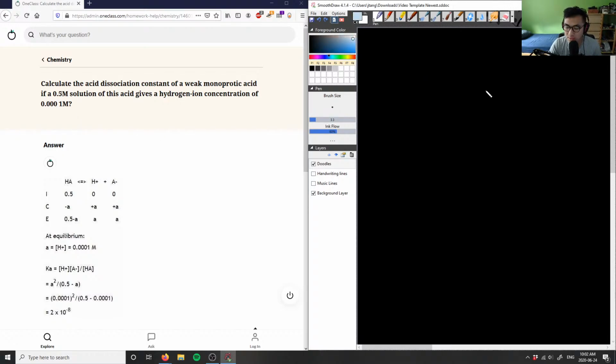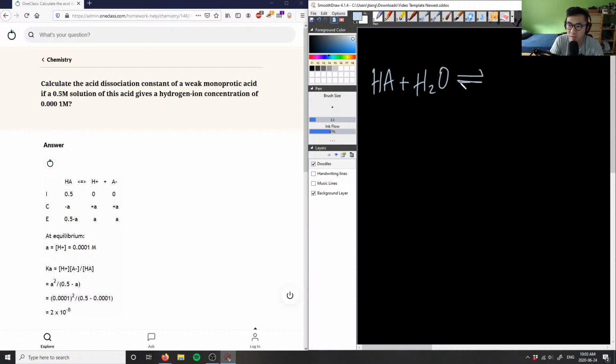Well, we first want to write out the chemical equation. We don't have a specific chemical equation, but we have a weak monoprotic acid, so we can assume some type of HA, and it's going to dissociate into its hydronium ion. So we can say HA plus H2O.